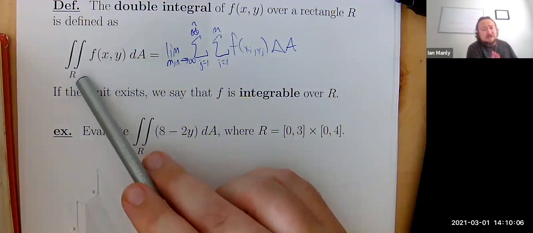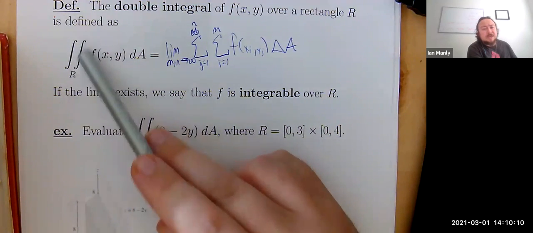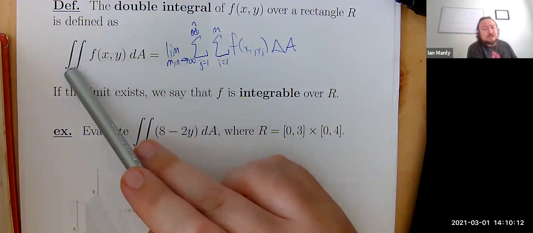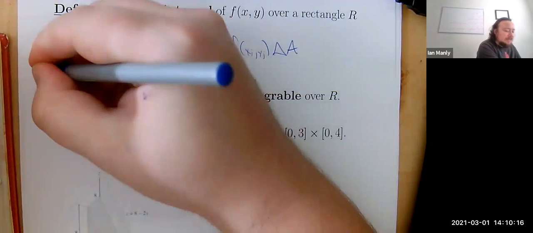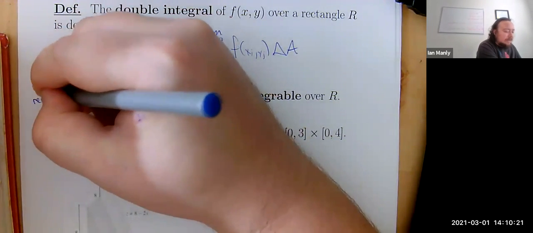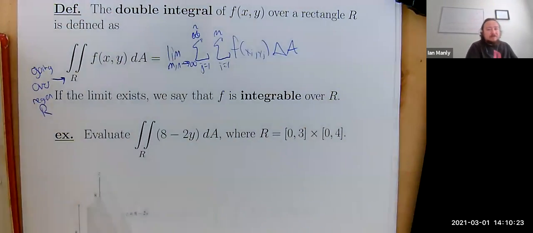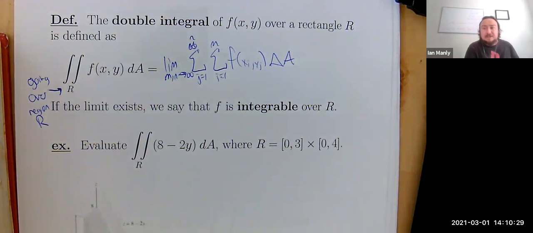Now, one thing I want to talk about is before in Calc 1, we had the limit from a to b here, but here they just replaced it with a single letter R. And what that means is we're going over the region R. Now, back in Calc 1, there were only two ways to go over an interval. You either go from left to right or right to left.